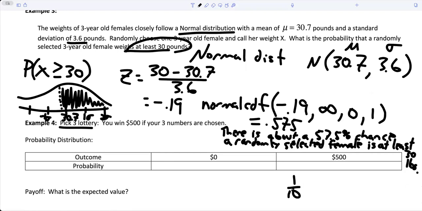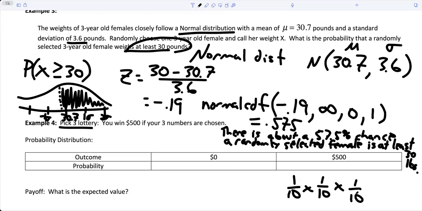What's the probability that I pick the second digit at random? It's also 1 out of 10. And these 2 events are independent, therefore I'm going to multiply them together. And the probability that I pick the third random digit would be 1 out of 10.